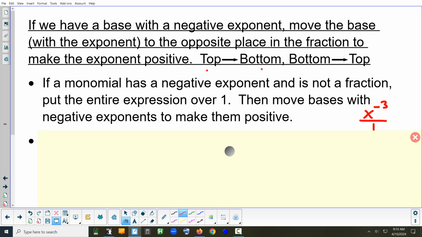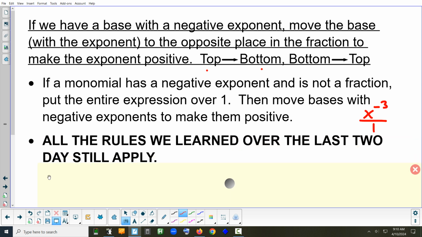And in the last bullet, I think you guys already have written down all the rules that we learned over the last 2 days still apply. You have that right above example 2A.